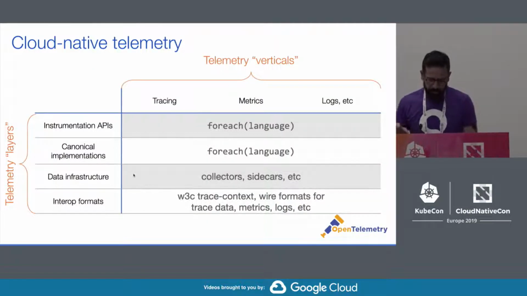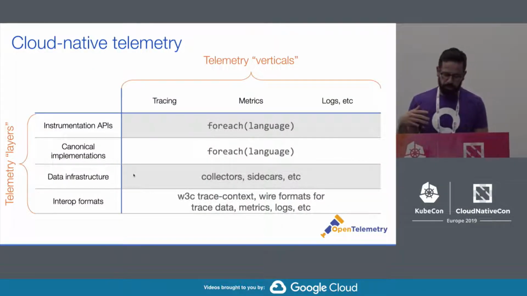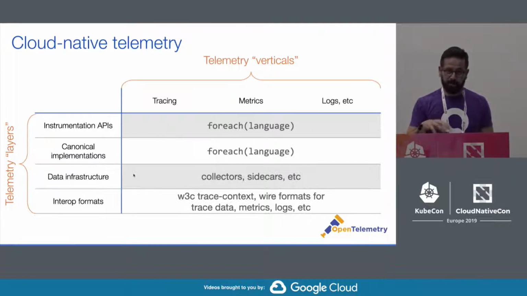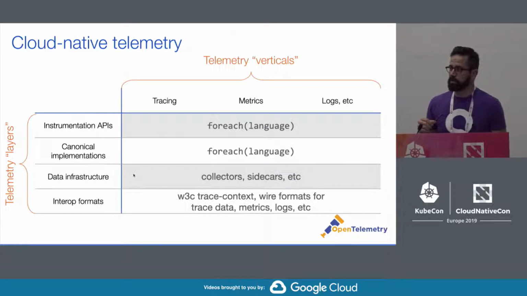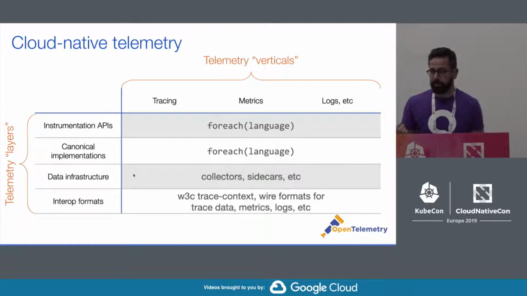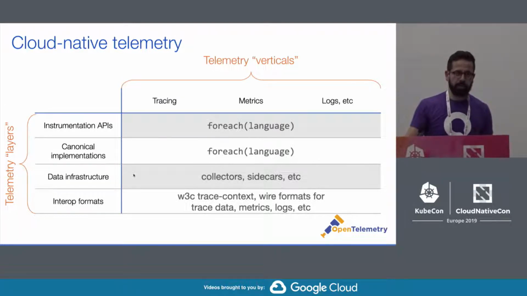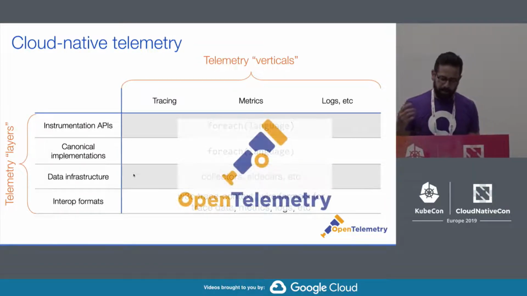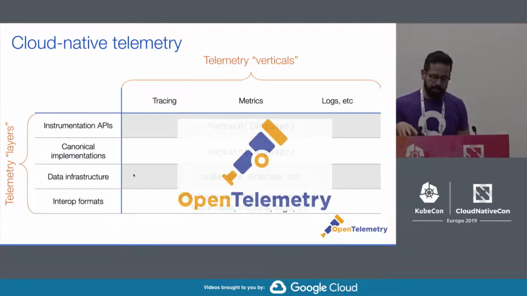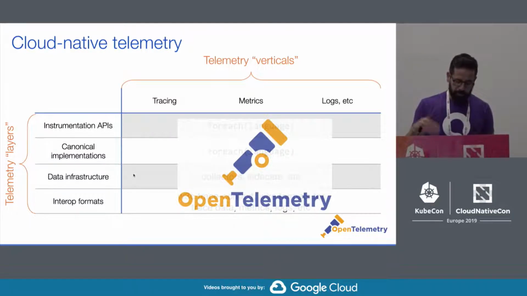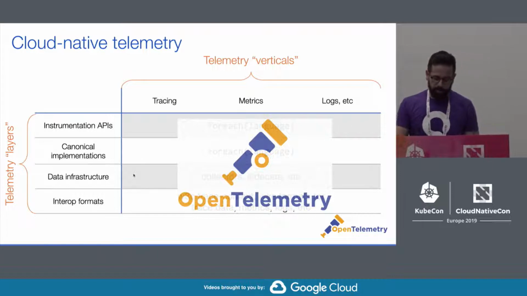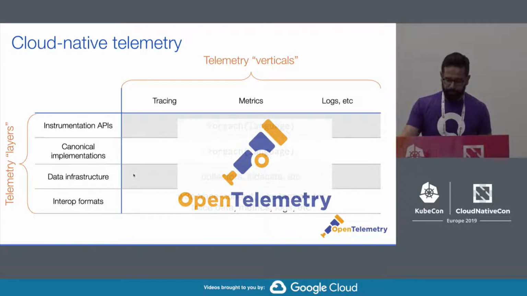And just briefly, what I want to do is introduce what OpenTelemetry is, with more specific description of each of the components. For those of you who are familiar with either of the projects, really you can think of OpenTelemetry as a superset of OpenTracing and OpenCensus. So it does actually try to address initially tracing and metrics, really across pretty much all the layers, and eventually other types of telemetry.